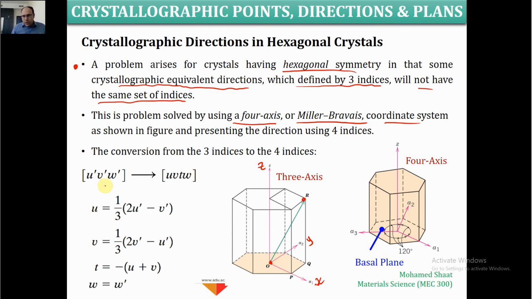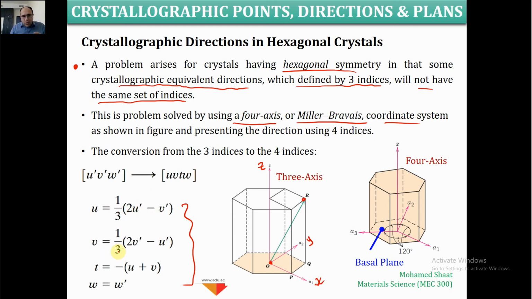How can we convert, if you are already given U prime, V prime, W prime, the vector for a hexagonal crystal in 3 index notation, into 4 index notation? You're gonna use this relation. U equals 1/3 times 2U prime minus V prime.